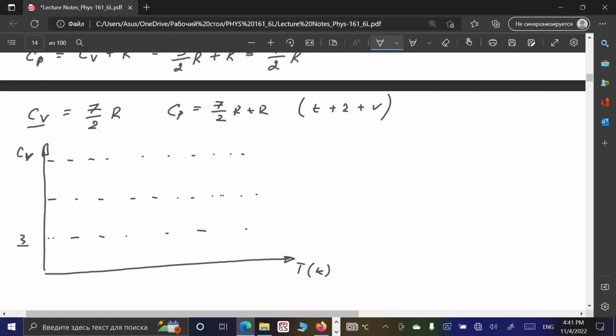So this is 3/2 R, 5/2 R, and 7/2 R. And now we have here some logarithmic scale for temperature. So this will be 10 Kelvin, here will be 100, here will be something like 1000, and higher temperature.